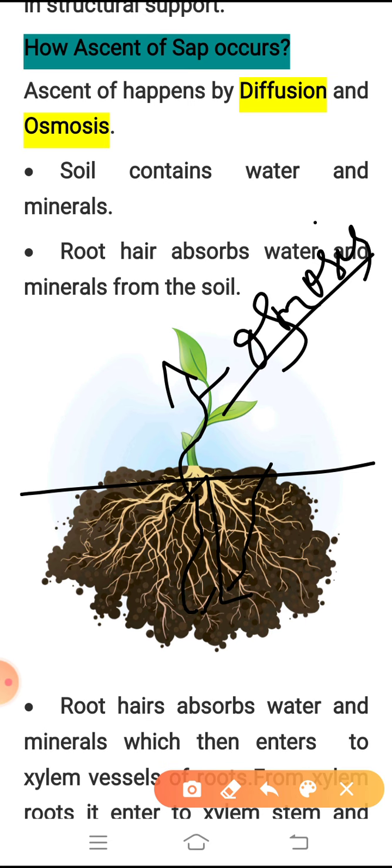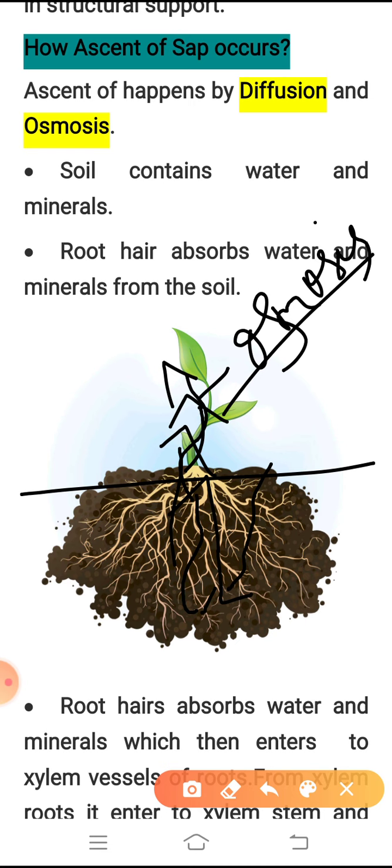Okay. Once it reaches the root hair, it goes into the xylem vessels present inside the roots, and then it goes to the xylem of the stem. From the xylem of the stem, it enters the leaves present in the plant.